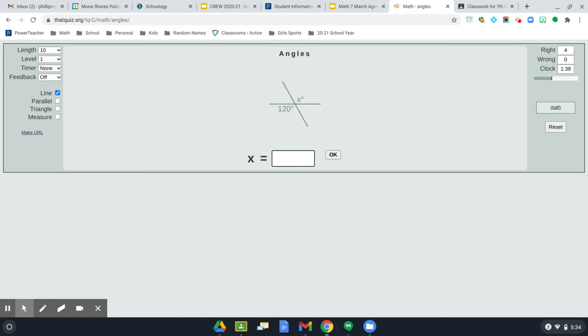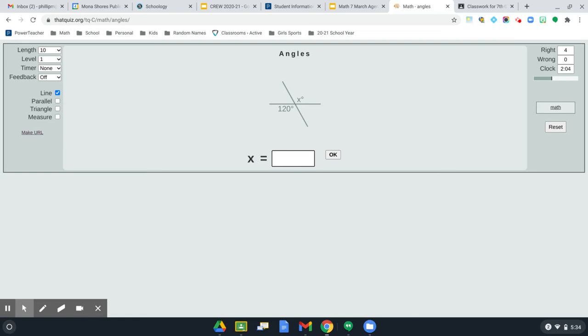But you are also going to see an example like this, this number 5 that I'm looking at. Now you've got to think about all the angles we've learned this week. We've learned how to classify with right, acute, obtuse, straight. We've learned to classify with vertical and adjacent. We've learned to classify with complementary and supplementary.